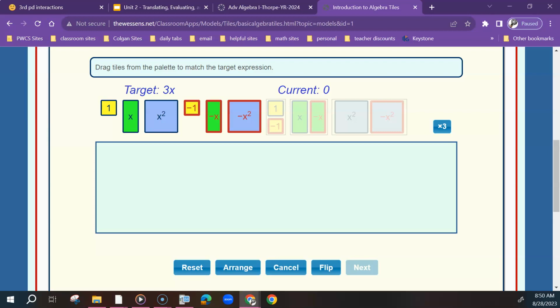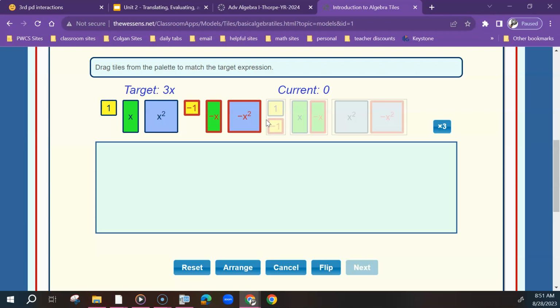Okay. Before we start, everyone electronically find this link. Alright, so we are going to model 3x.